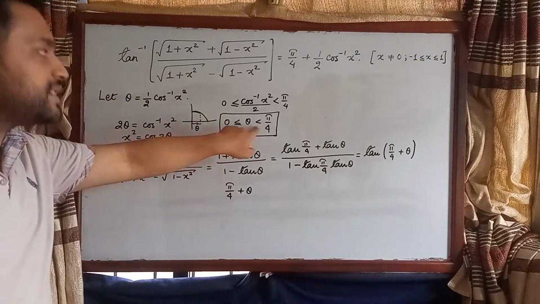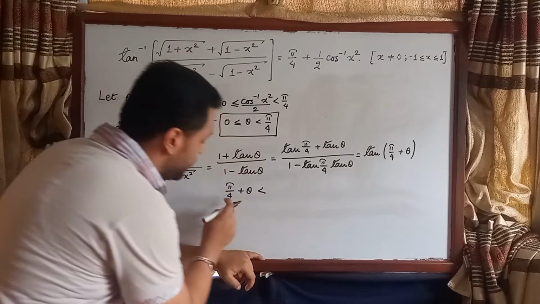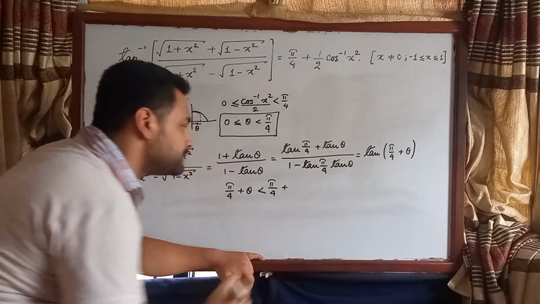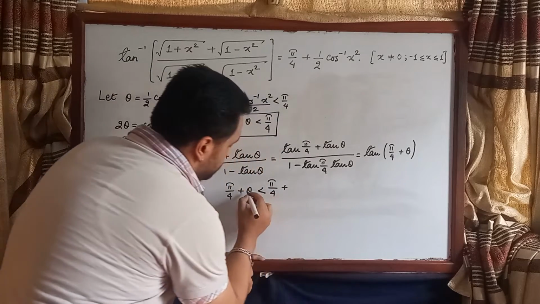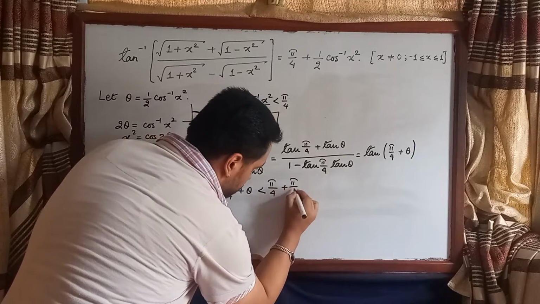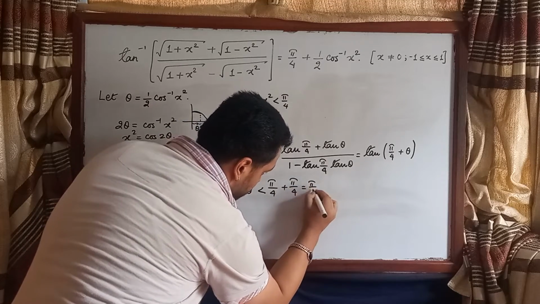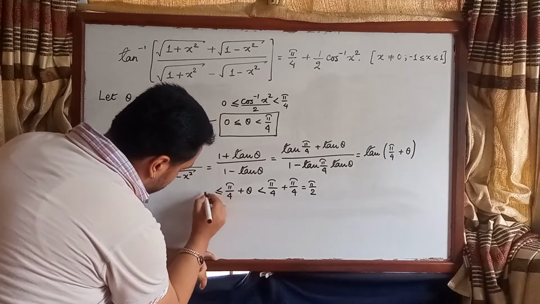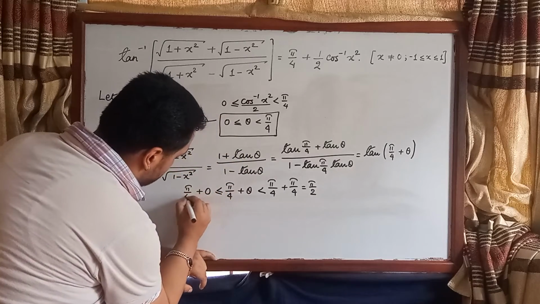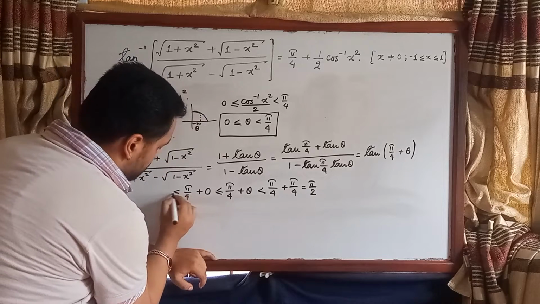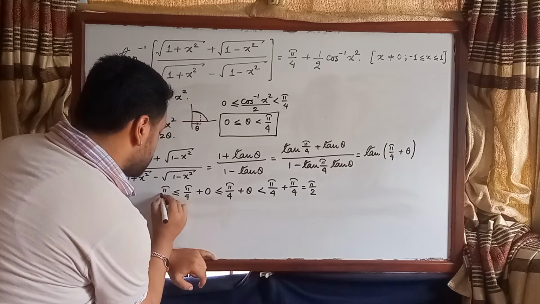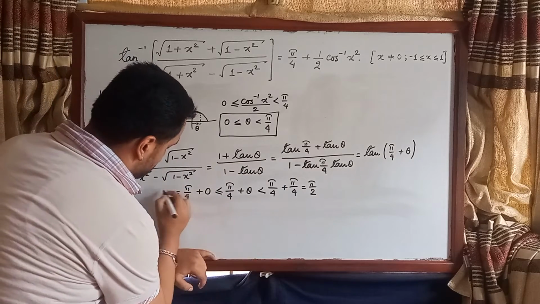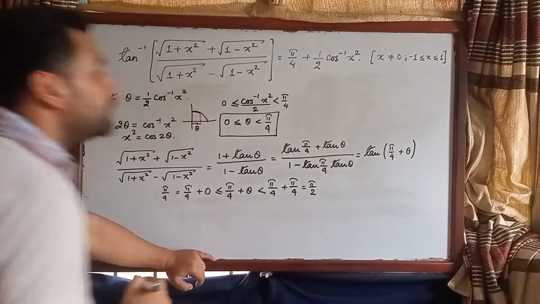Since theta is less than pi over 4, we get pi over 4 plus theta is less than pi over 4 plus pi over 4, which is equal to pi over 2. Now since theta is greater than or equal to 0, pi over 4 plus theta is at least pi over 4.